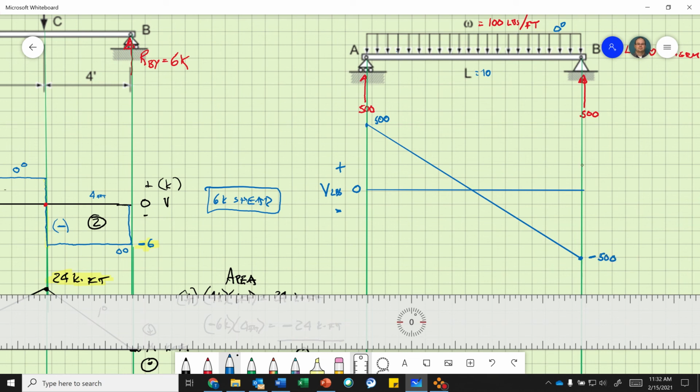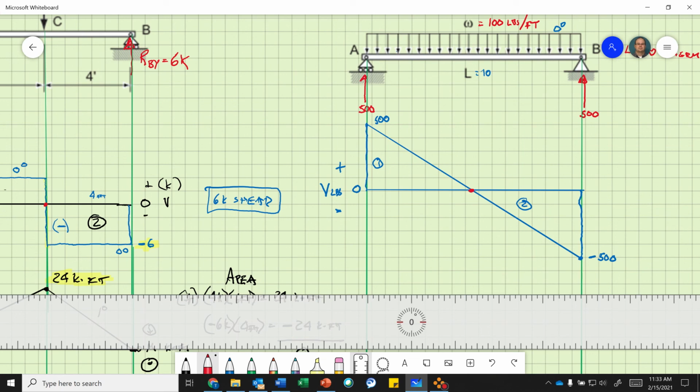And then once I get to here, then my reaction at point B is 500, so I go back to 0. Okay. So I just created 2 triangles. So this is area 1. This is area 2.